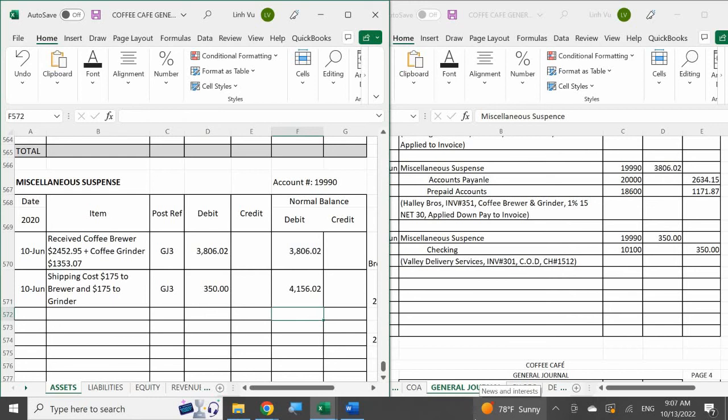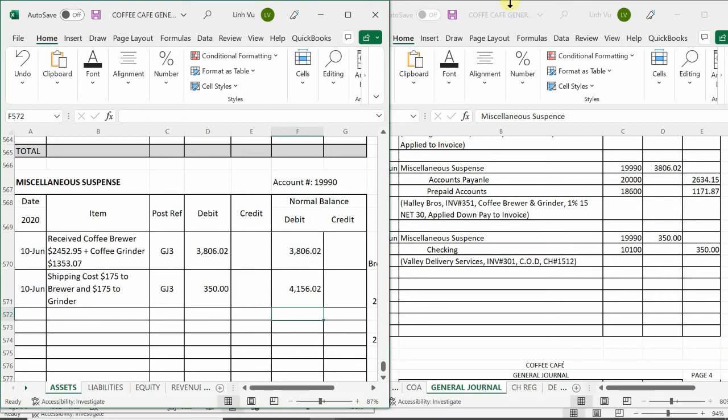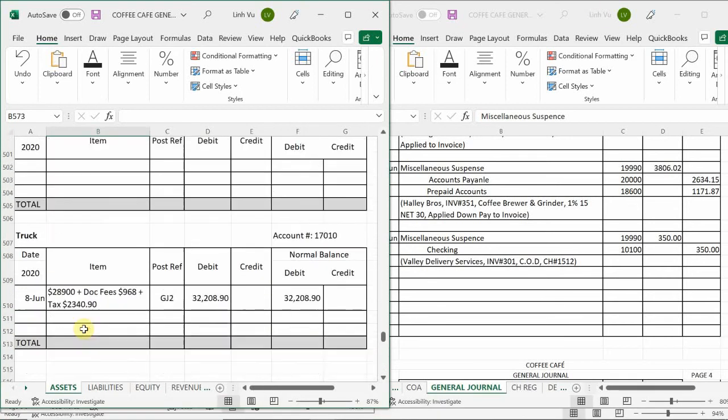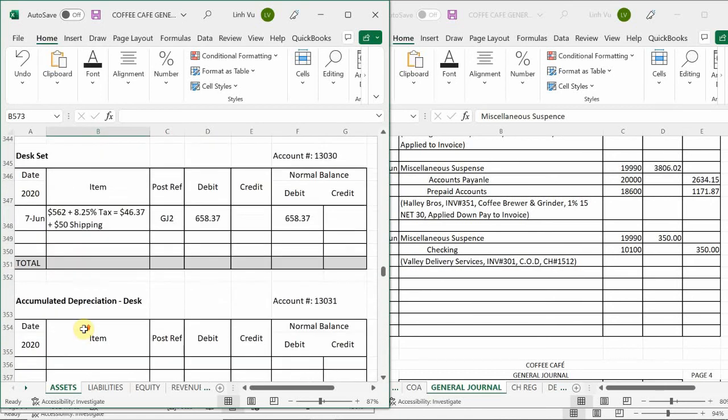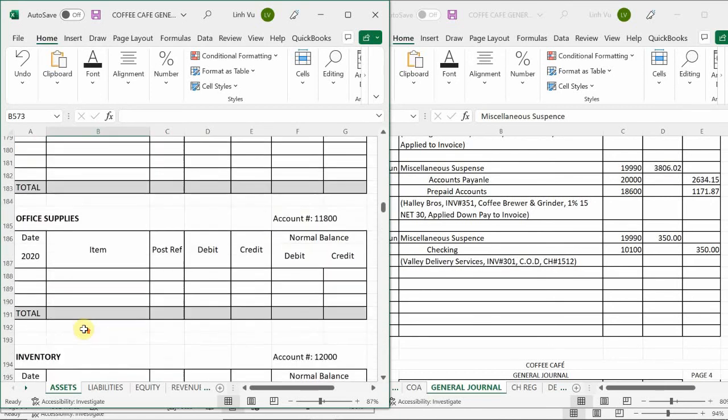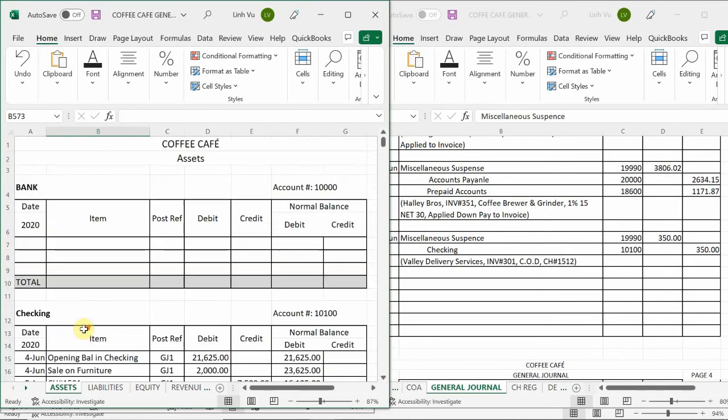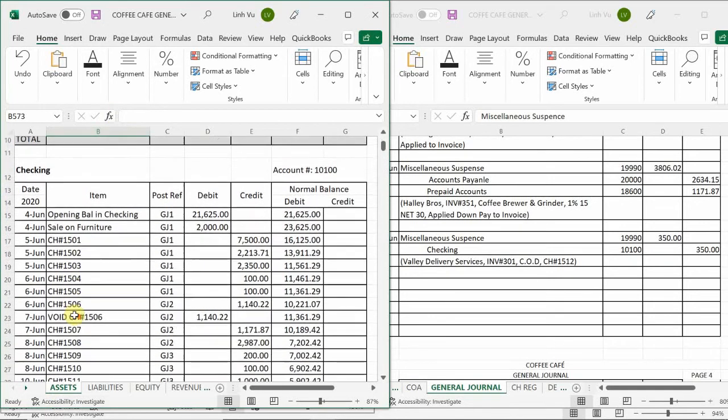Okay. And I need to pay $350 for the delivery services because it was cash on delivery. So I have to go all the way up because I wrote another check. Okay, so checking.